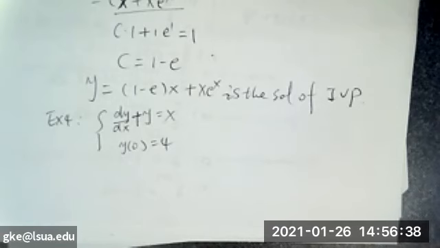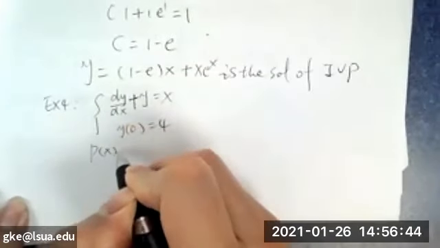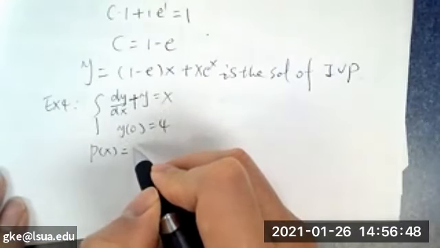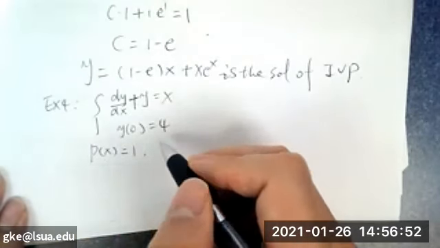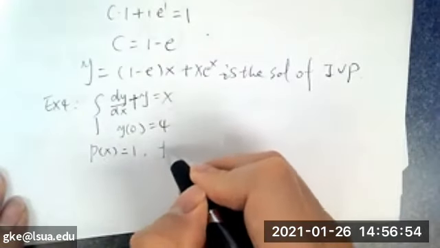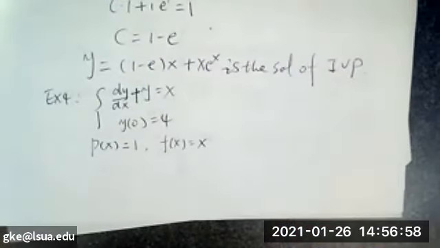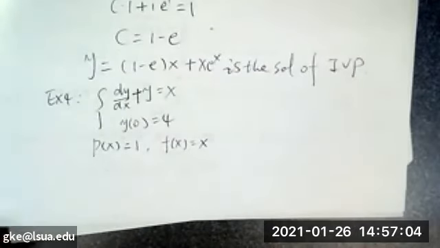Okay, I'm gonna write down the answer on the board. So the first step, you're gonna find what is p(x). Come on, p(x) is the coefficient of the y. Okay, so make sure you guys write down the correct p(x) and f(x).